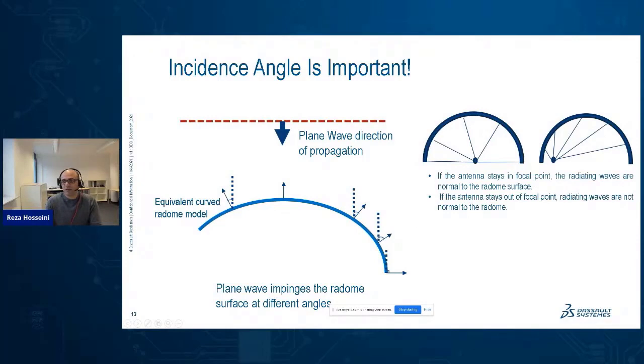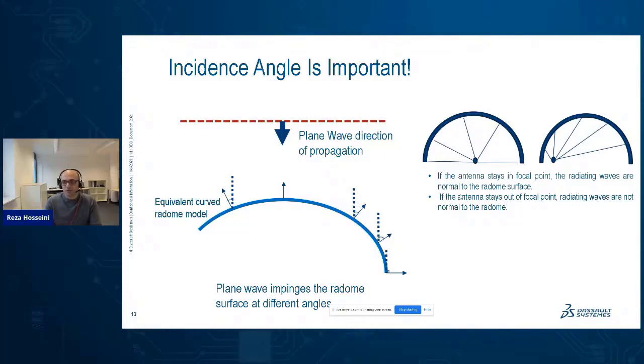Equivalently, we can see the same concept when using an antenna as a source instead of plane wave illumination. If the antenna stays at a focal point and sends rays normal to the surface of the radome, there's not much difference between a stack-up type or angular dependent type, because we do not have that much angular dependency in that case. But if the antenna stays out of the focal point, the rays, or the propagation vector of the field, experience different angles of incidence when they reach the radome.